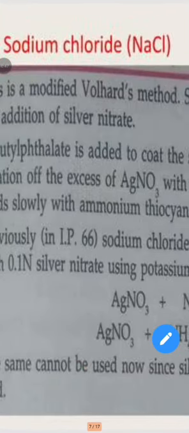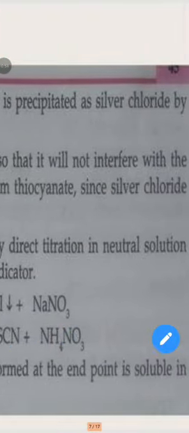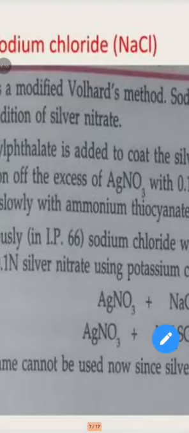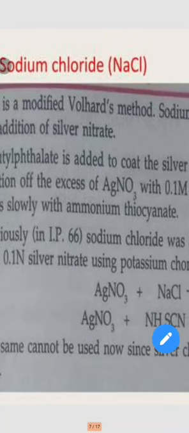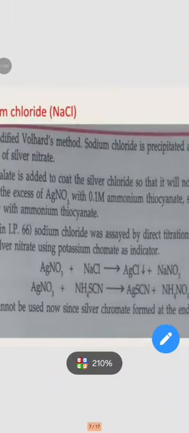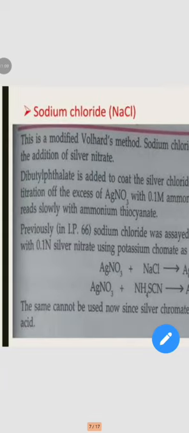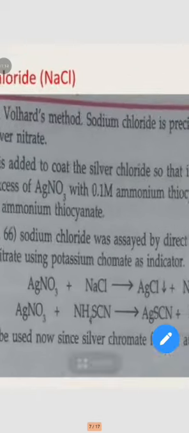Previously, in the Indian Pharmacopoeia of 66, sodium chloride was assayed by direct titration in neutral solution with 0.1 normal silver nitrate using potassium chromate as an indicator.